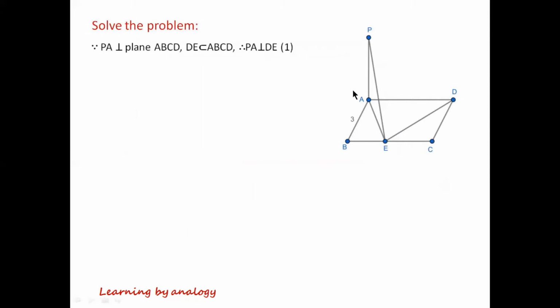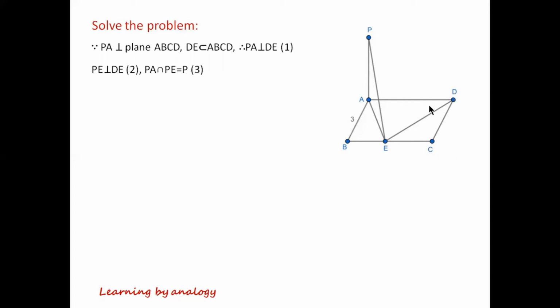Because PA is perpendicular to plane ABCD, and DE is contained in ABCD, so PA is perpendicular to DE. PE is perpendicular to DE.